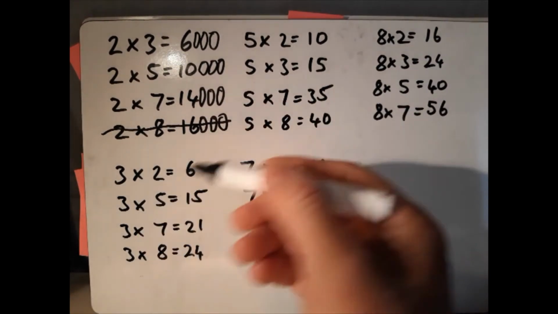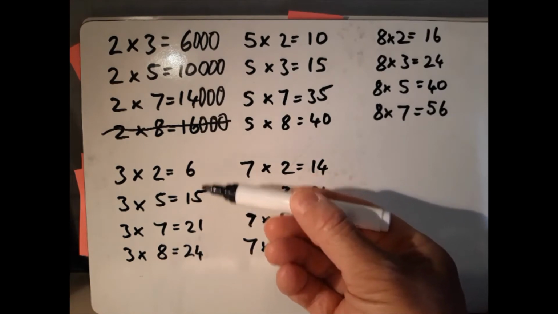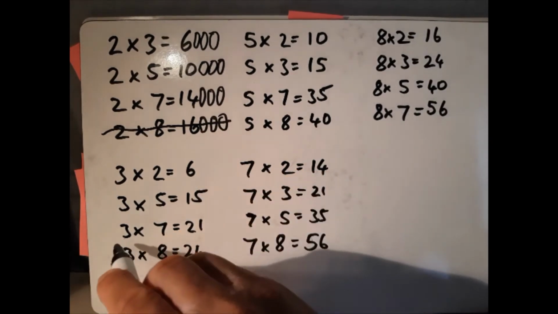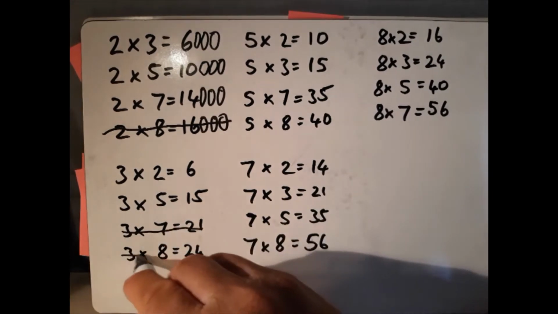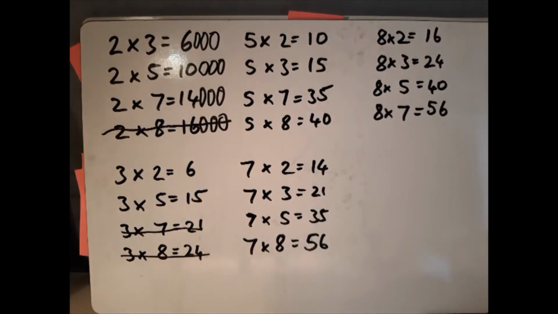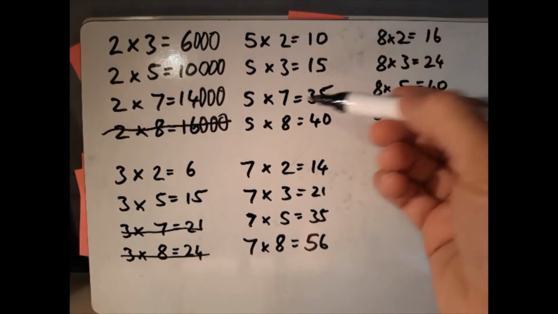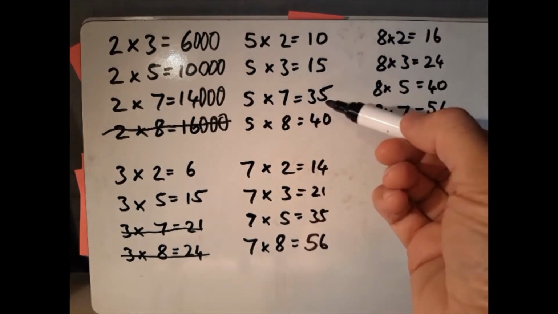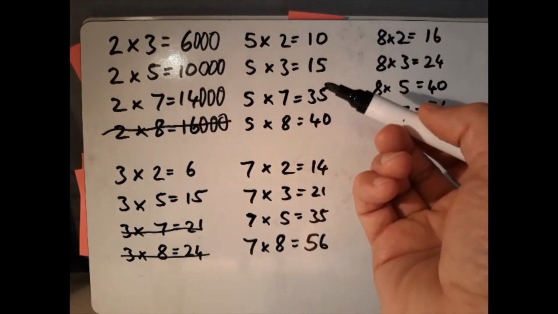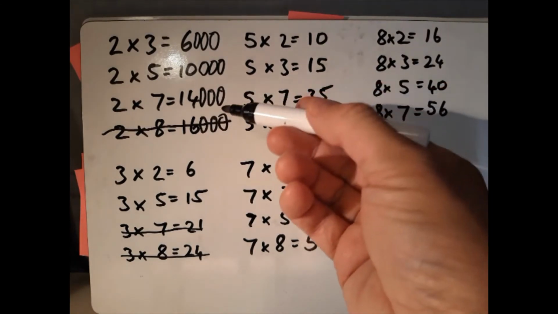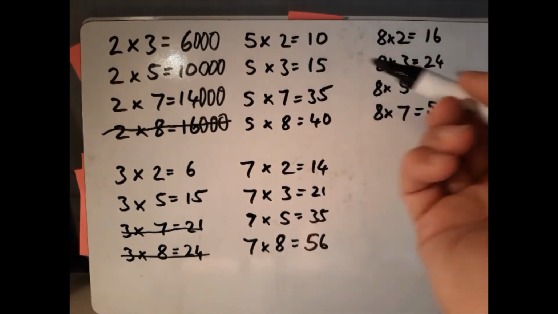Okay, so again, we can come down this one. 3 times 2, 3 times 5 is okay, but I can get rid of that one. I can get rid of that one for the same reasons. Coming down to 5, when I'm multiplying by 5, first 2 are okay, but 5 times 7 is 35, so 500 times 70 will be 35,000, or 700 times 50 will be 35,000.